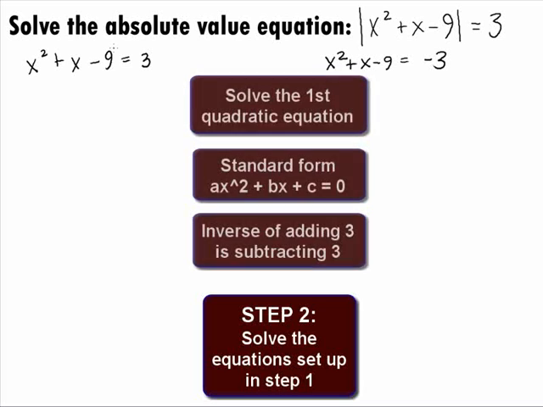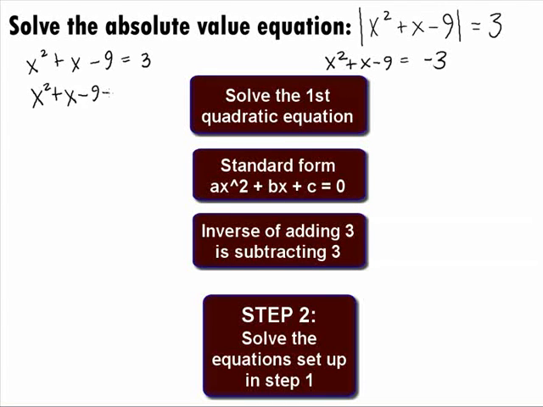To get the first equation in standard form, we need to do the inverse and subtract 3 from both sides. This will give us x squared plus x minus 9 minus 3 equals 3 minus 3, which will simplify to be x squared plus x minus 12 equals 0.